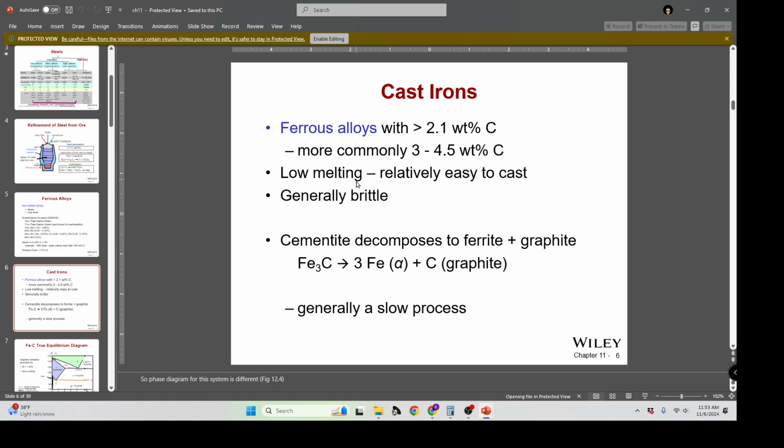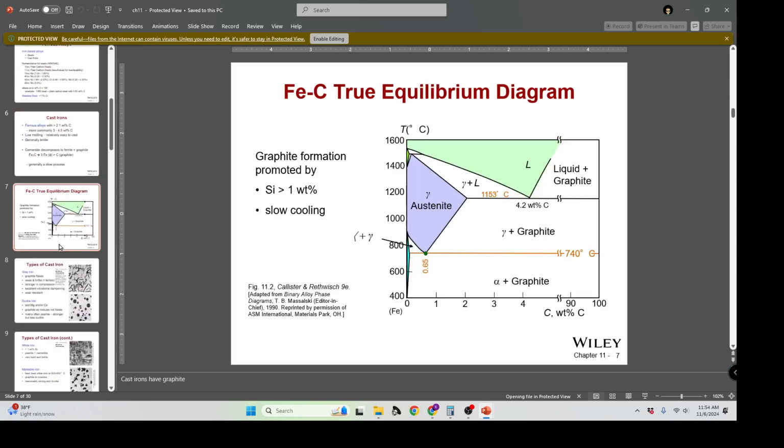Low melting point, brittle but hard, works really well for those applications. It's typically a slow process. There is also graphite at the far end of this phase diagram. There's a bunch of other stuff in between, but we're not going to get into that for a lot of reasons.